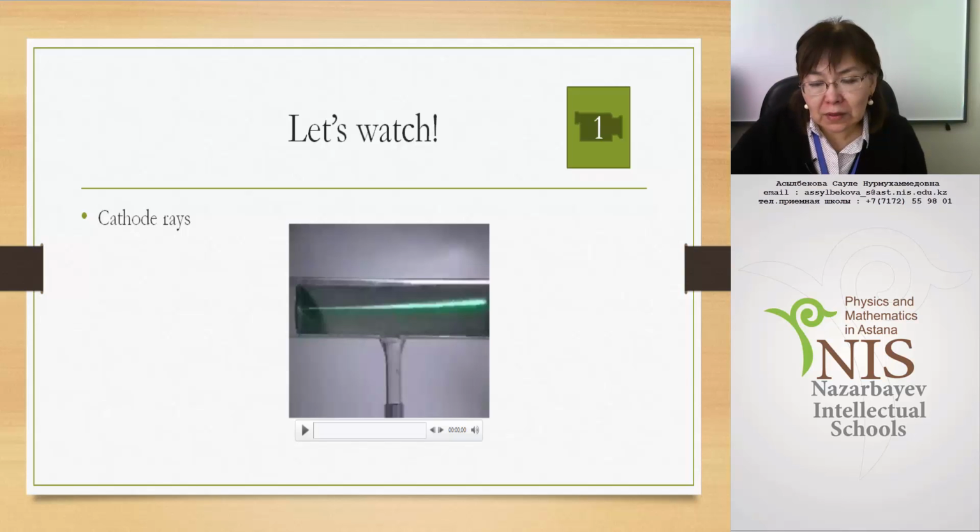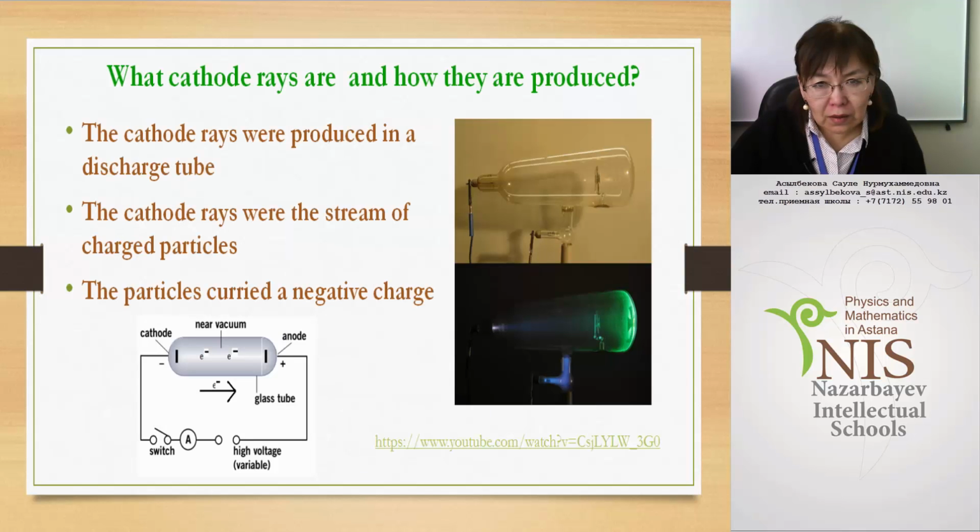It means the magnet affects it. So it was found that the cathode ray produced in the discharge tube was a stream of charged particles which carries a negative charge. You can see this on this diagram, and you can watch the same movie on the YouTube channel.